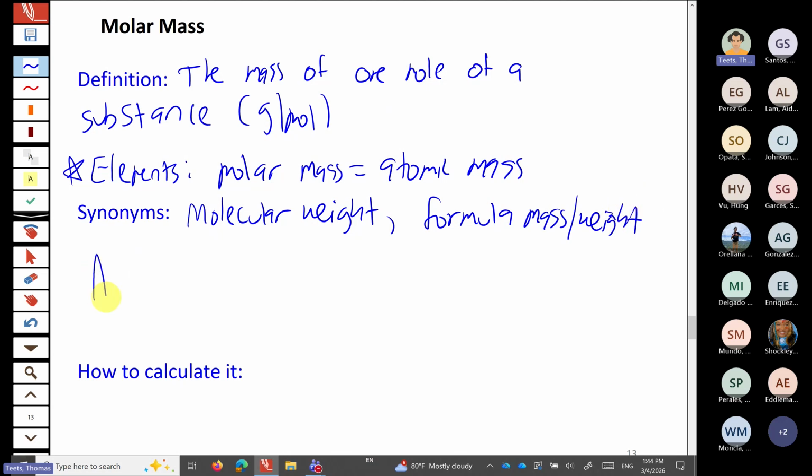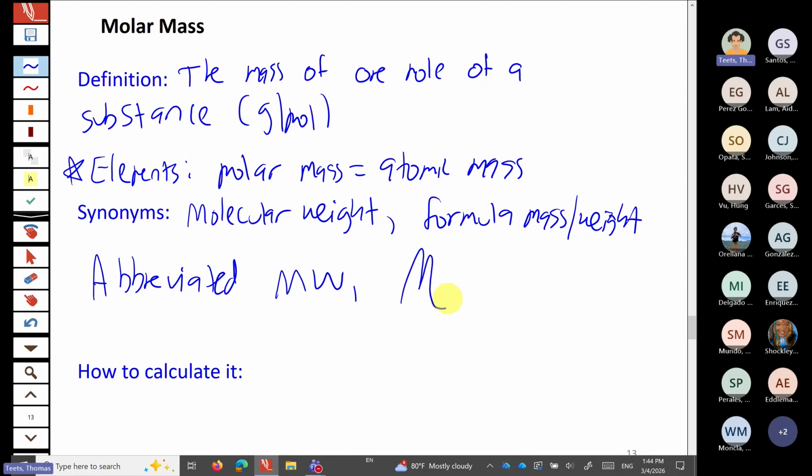There are some abbreviations for this. I think the most common abbreviation you would see in this course is MW for molecular weight. There are some old school sources that use a fancy script capital M for molar mass. That used to be how we did it when I first started teaching, but that was ages ago.